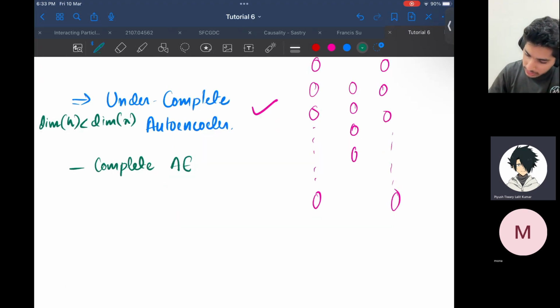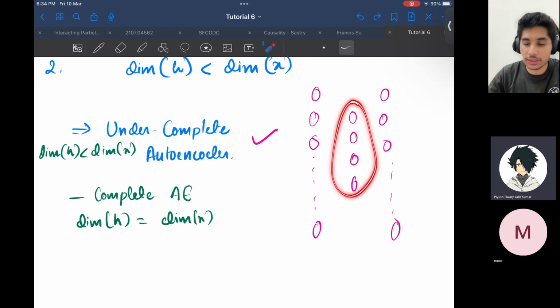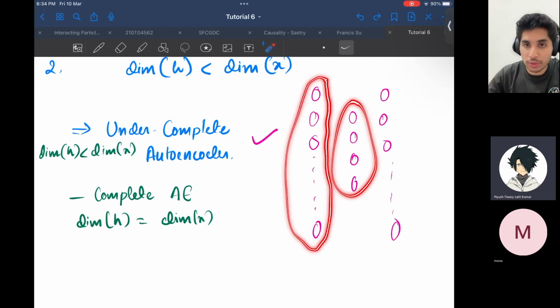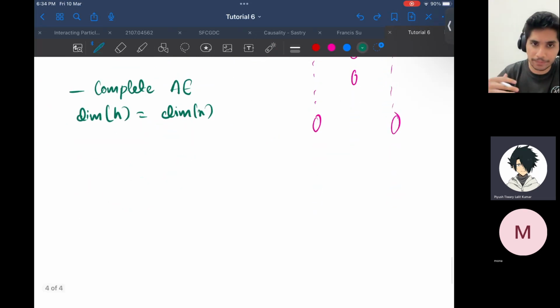For a complete autoencoder, the dimension of H is equal to dimension of X. So the intermediate layer, which was less than the input layer, if you make sure that it has the same number of neurons as the input, it will be called a complete autoencoder. Okay, that's it.